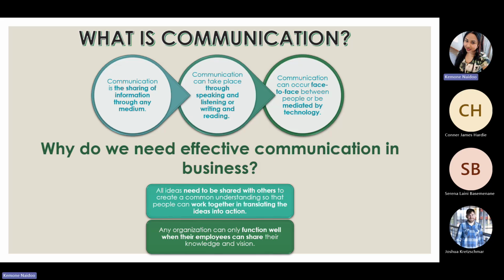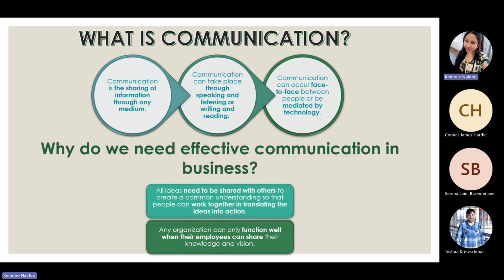So what is communication? Why is it important? Why do we need effective communication? Remember, the communication chapter is very basic, so don't overthink it. Communication is the sharing of information.